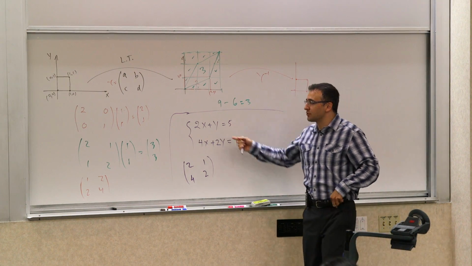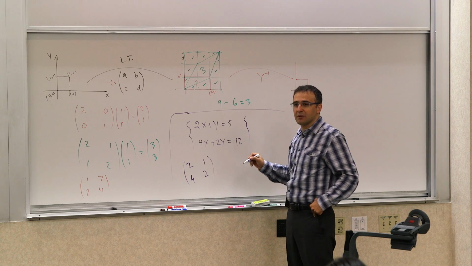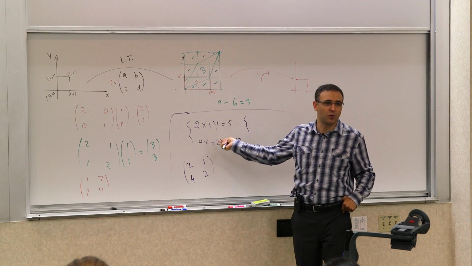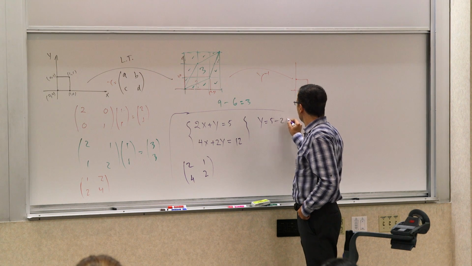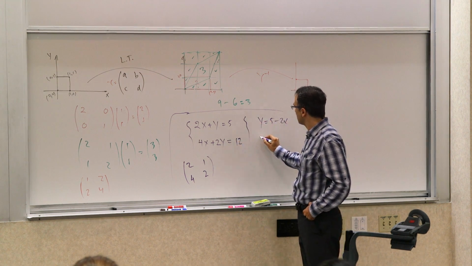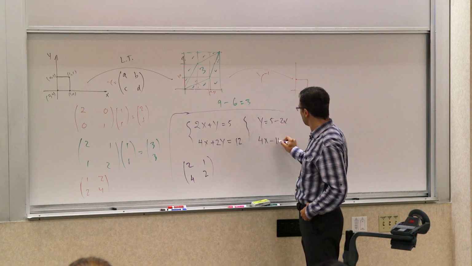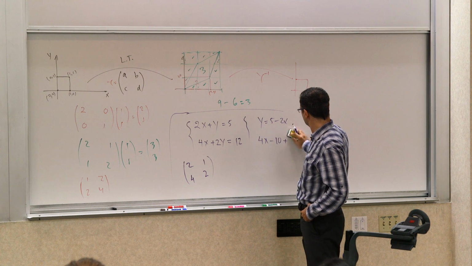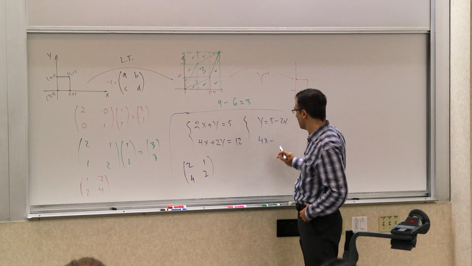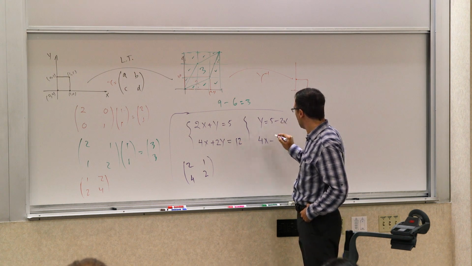What happens if I try to solve these two equations the same way, the very simplistic way of solving for one unknown and putting it in the other one? So if I use the same thing and plug it back into this guy, what do I get? I made a mistake.